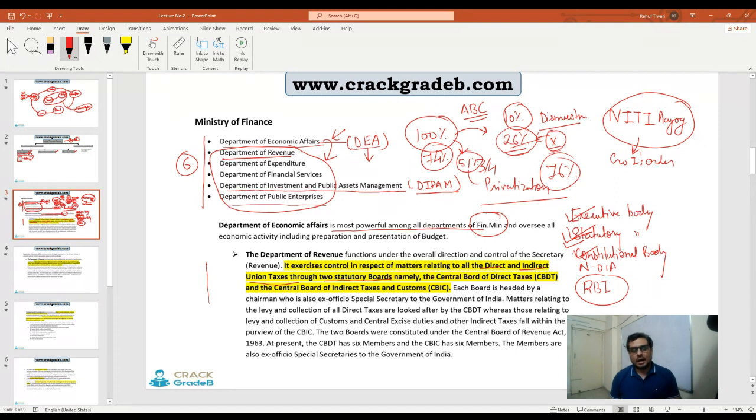So they are working on the will and wishes of the government, right? That means they must keep this in mind: if they do anything which does not please the government, they will be removed. They will always have this fear in their mind.